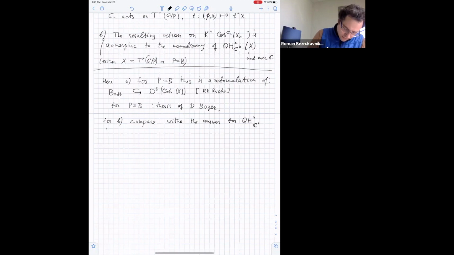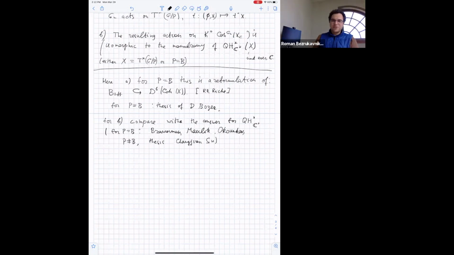And so for P equal to B, this is a paper of Braverman and Okounkov. And for P not equal to B, it's a thesis of Okounkov's student Changjian Su, who fortunately published it.